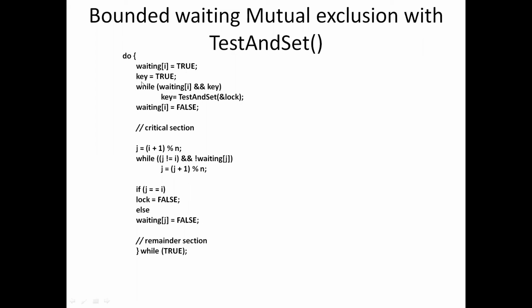Then we assign key equal to true. Key is a local variable, and here we have another local variable, that is j.